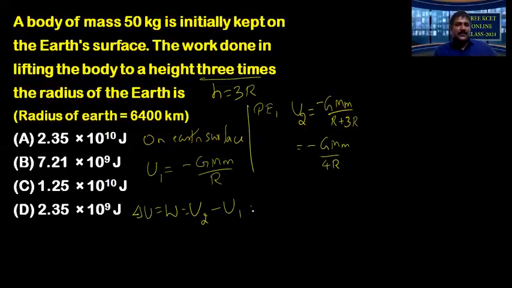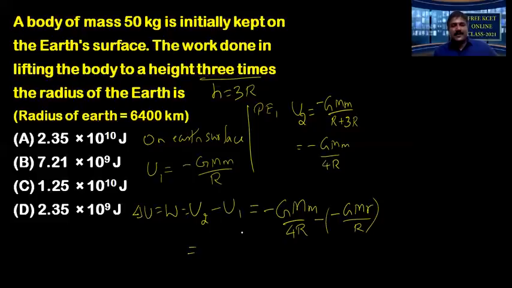Okay, so that's why we are subtracting U1 from U2. So now U2 minus U1, U2 is minus GMm by 4R, minus U1, already minus is there, so minus of minus GMm by R. Now the simplification, minus minus plus in the second term.